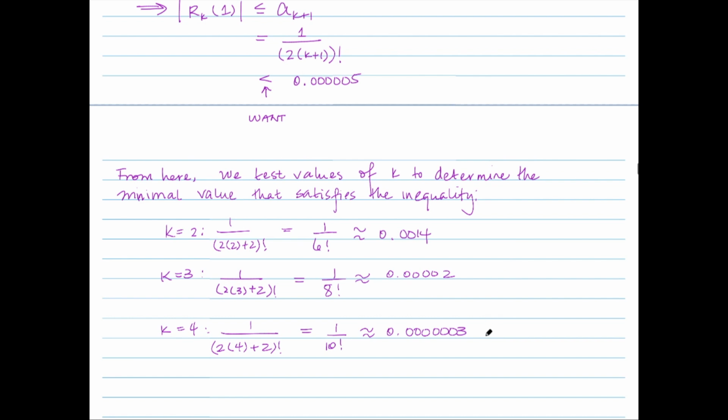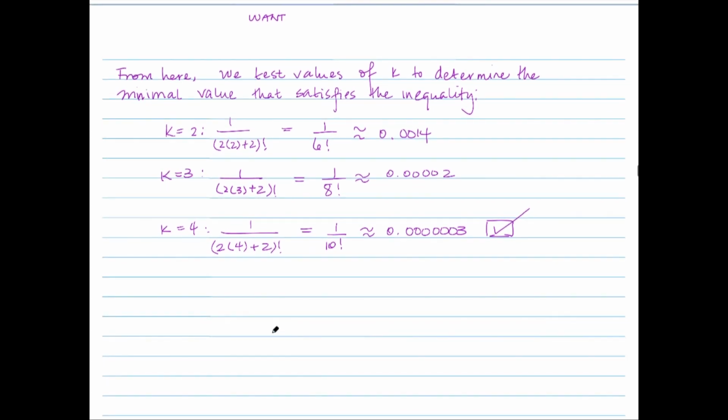Okay, so plugging into the calculator, we finally land the guy that we need. And so for k equal 4, this is what we have.